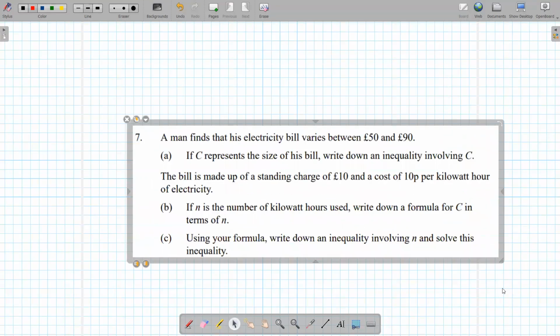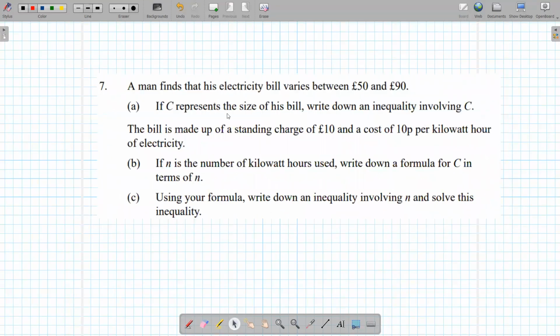A man finds his bill to be between 50 and 90. Come on, you got this. What's the inequality? 50, 90, C. The answer to part A, basically.